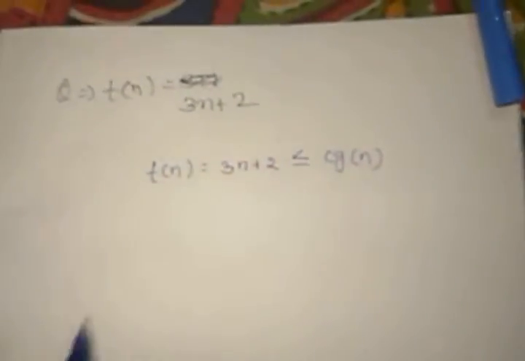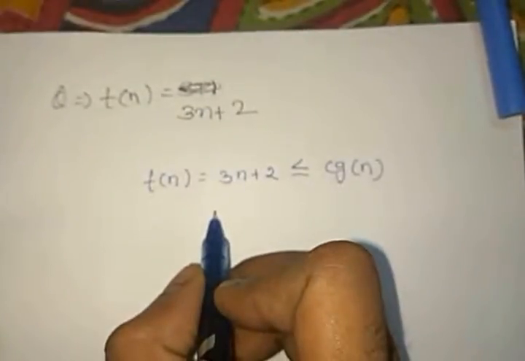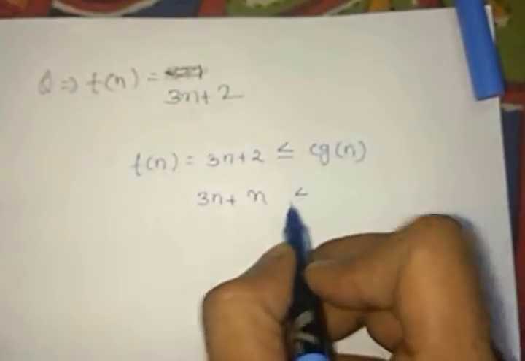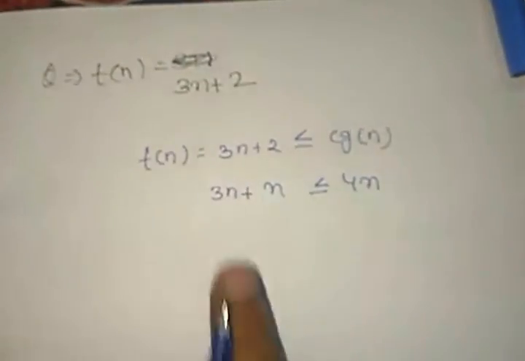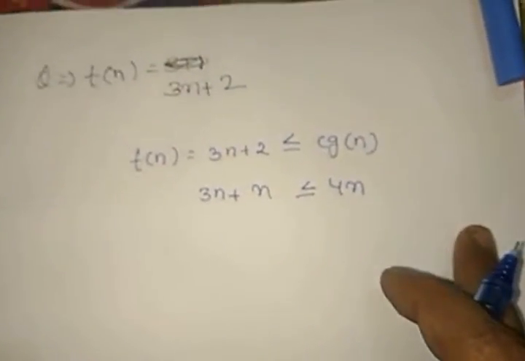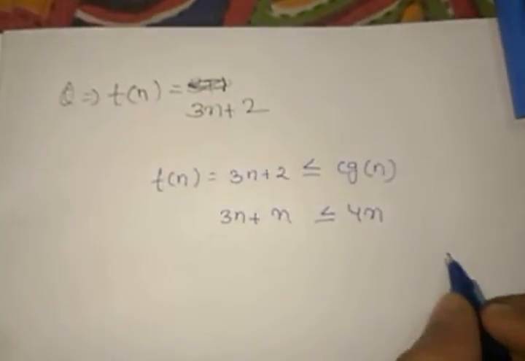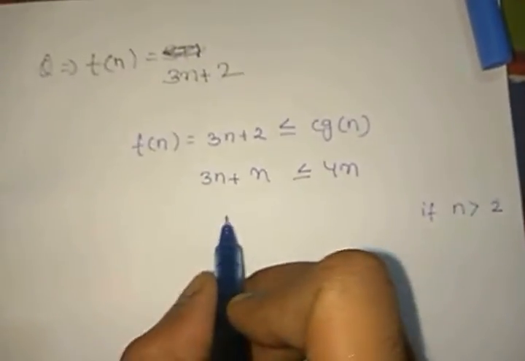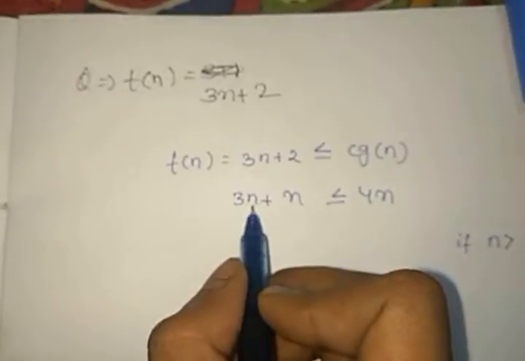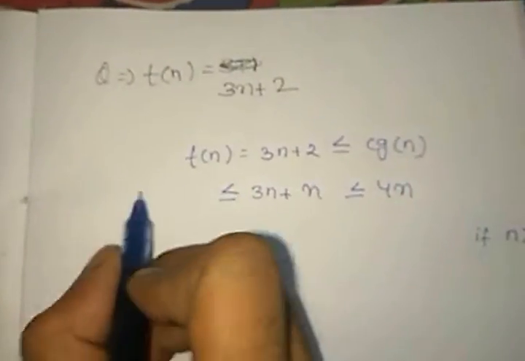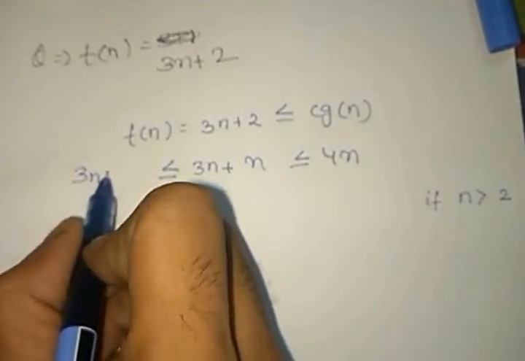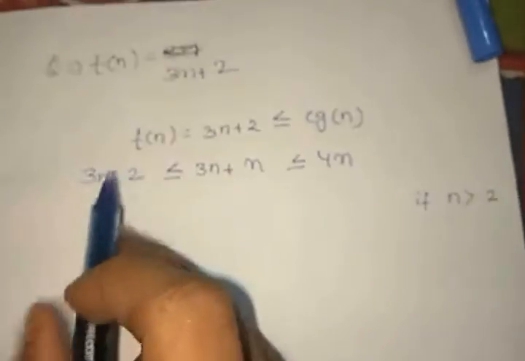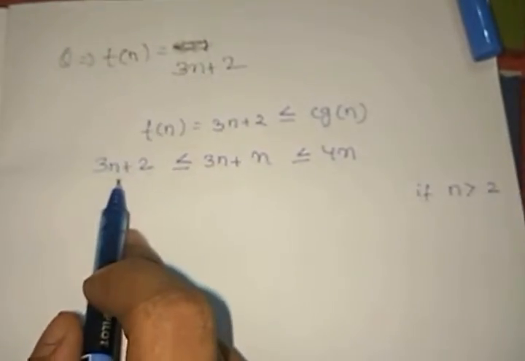Then we know 3n plus 2 is less than or equal to 3n plus n, which is 4n, if n is greater than or equal to 2. So 3n plus n is always greater than or equal to 3n plus 2.